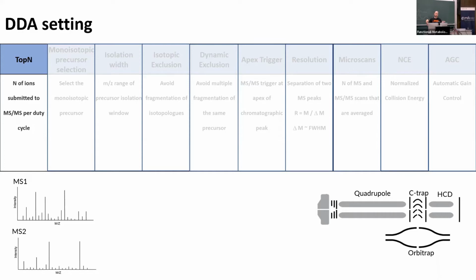And so on and so on. Now you can change the setting to do only a top 1 scan. So then it's 1 precursor scan, 1 MS. Or you can do a top 50 scan. So then it does 1 precursor scan and 50 MS.